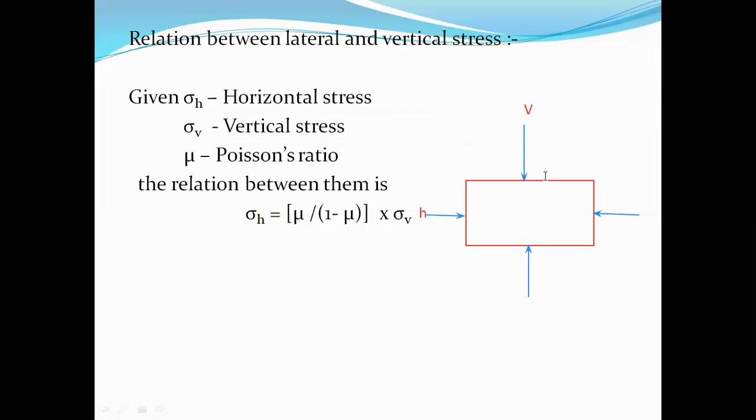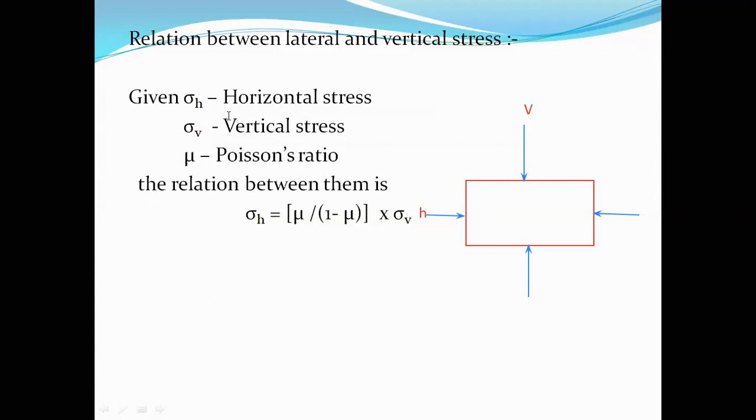The forces acting due to the overlying strata are known as vertical stresses, and we need to compute the corresponding horizontal stress. We are given the Poisson's ratio, which is the ratio of lateral strain to longitudinal strain. This gives how the deformation is going to take place in this block of rock mass due to the application of vertical as well as horizontal forces. So the relation between them is going to be what?